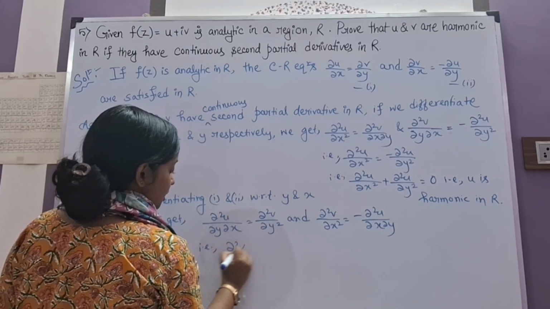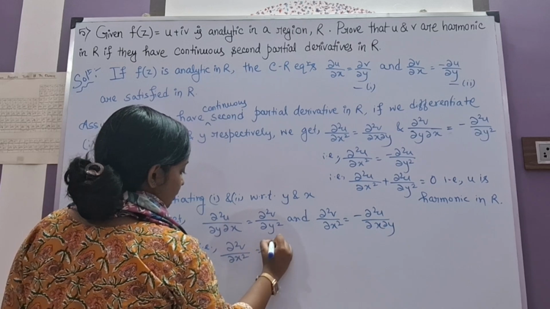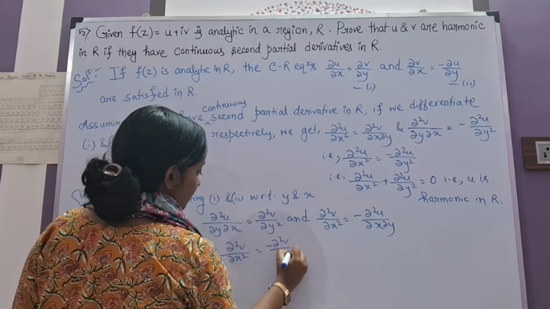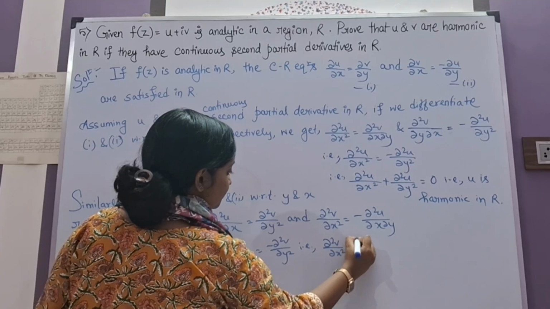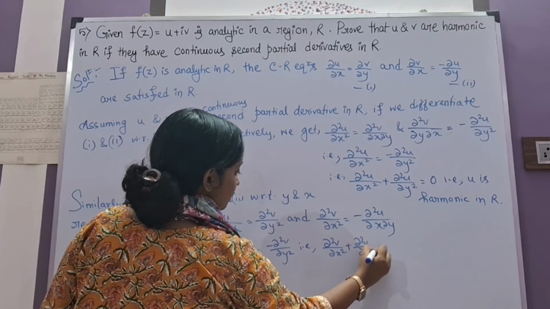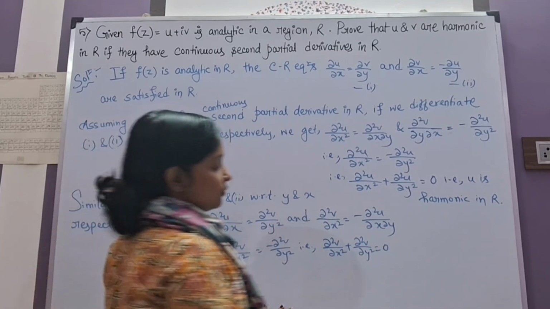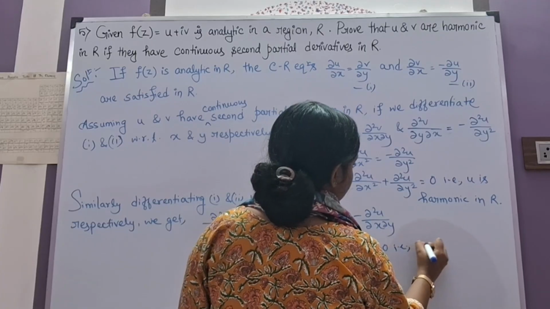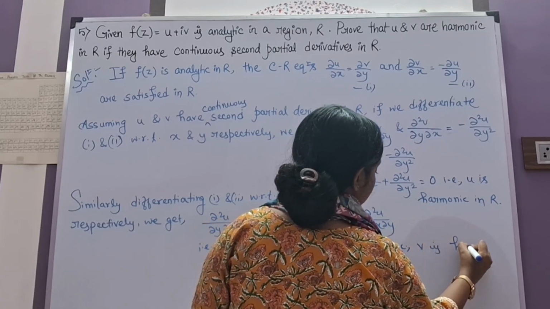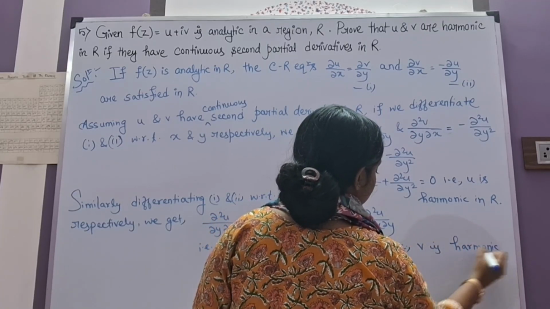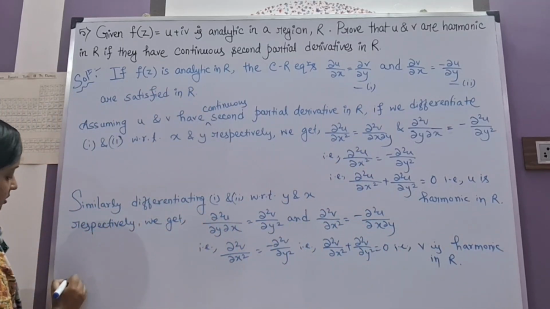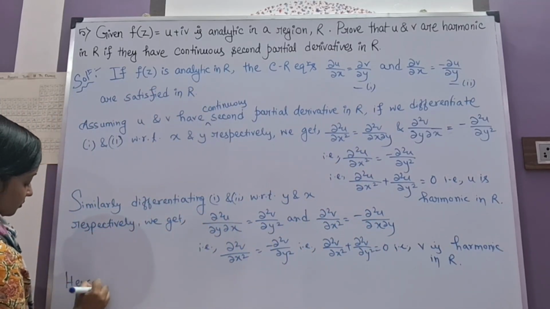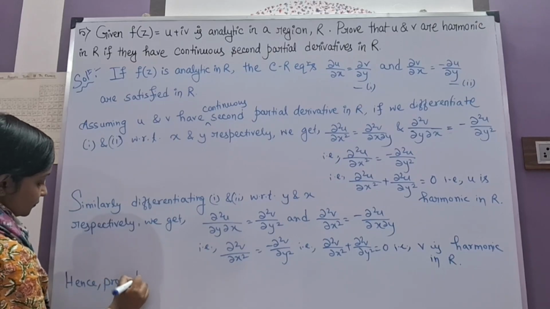That is del 2v del x2 equals minus del 2v del y2, that is del 2v del x2 plus del 2v del y2 equals 0. So what have we proved again? That v is harmonic in R. Hence proved.